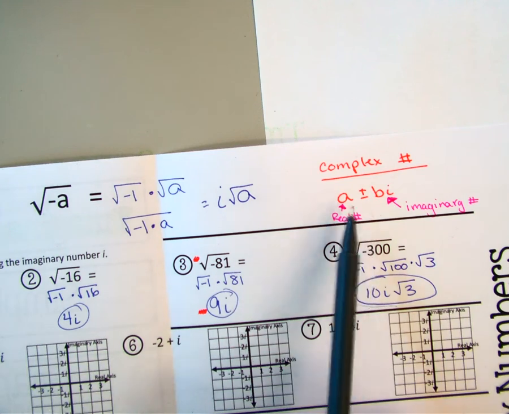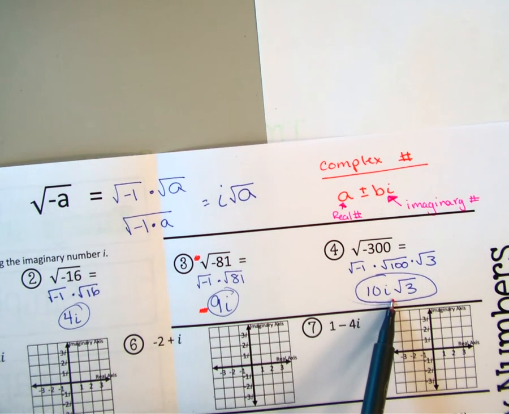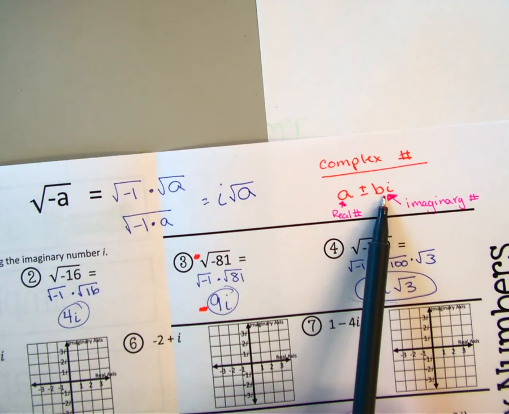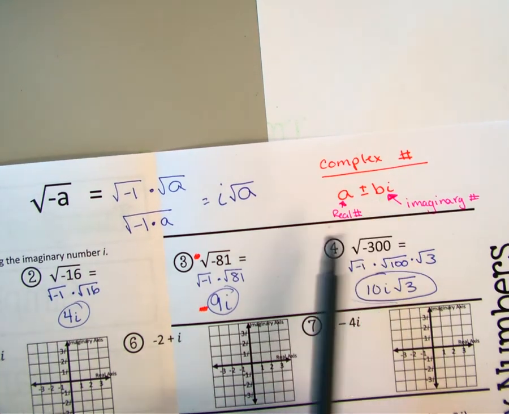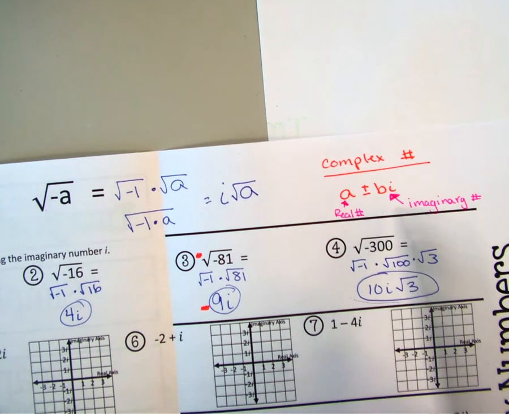It's just if your a is a 0, then all you see is the imaginary like we had down here. All the ones that we've been dealing with until now, your b was 0. So all you had was the real number portion of it. So everything really technically can be classified as a complex number. It's just if it's missing any portion of that, that just means that that value is 0. That's why you don't see it.